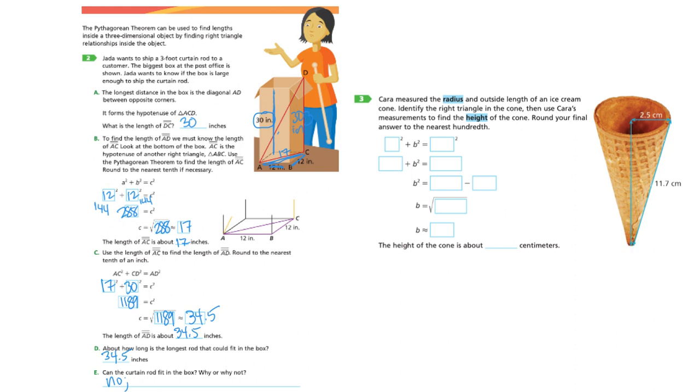So this I think you can do on your own. I just wanted to re-go over radius and height and show you that you were just finding the other leg. So you have the hypotenuse, so you could fill in 11.7 here, and then just figure that out. You're solving for B instead of C this time. So you're going to find the height of the cone in centimeters.